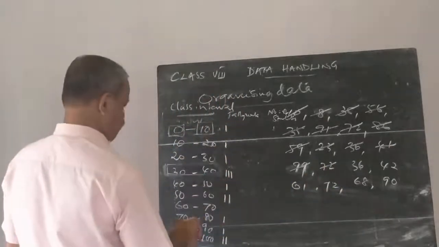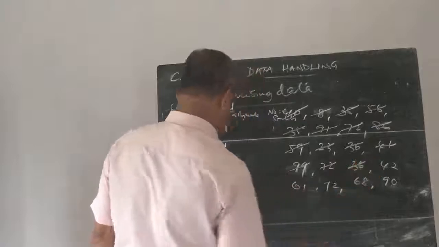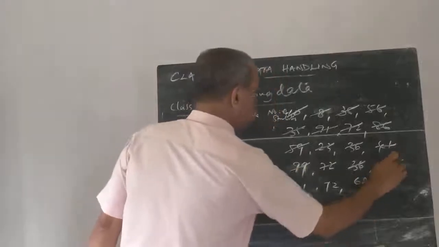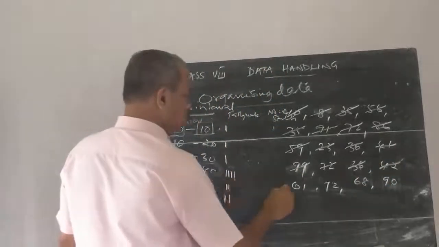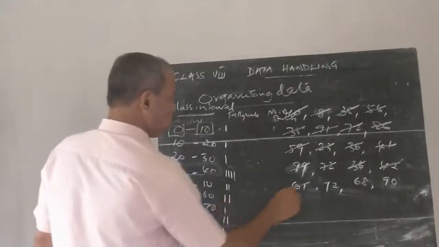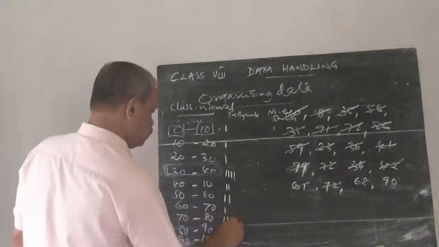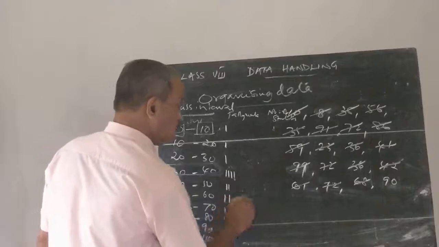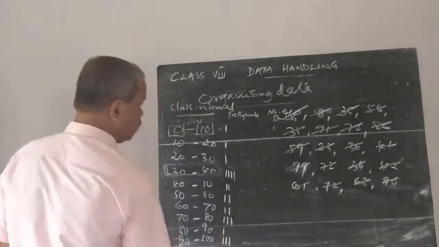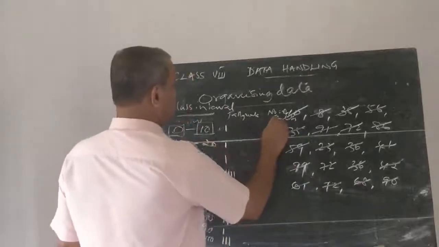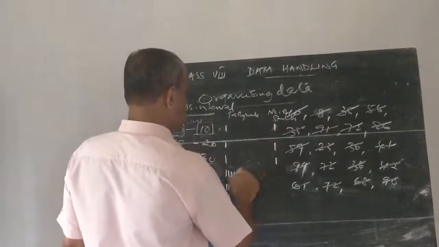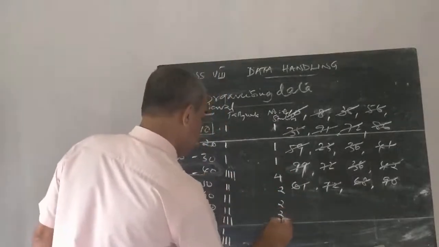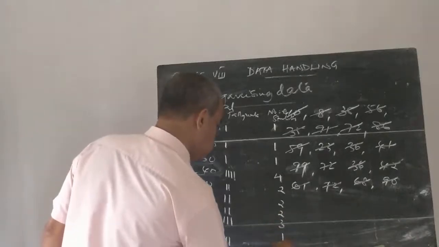72, 36, 42, 61, 72, 68, 90. So now the number of students or frequency: 1, 1, 1, 4, 2, 2, 2, 3, 1, 3.